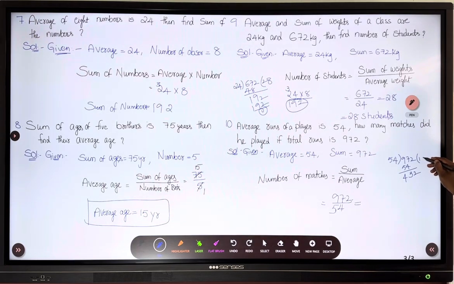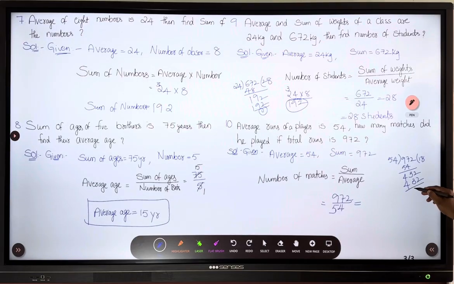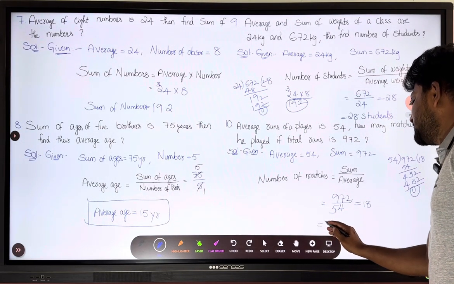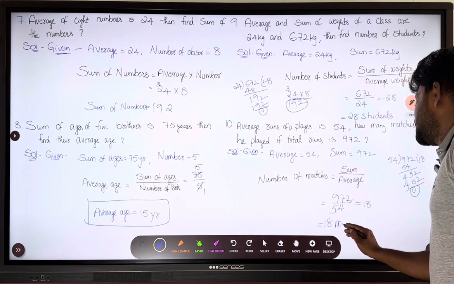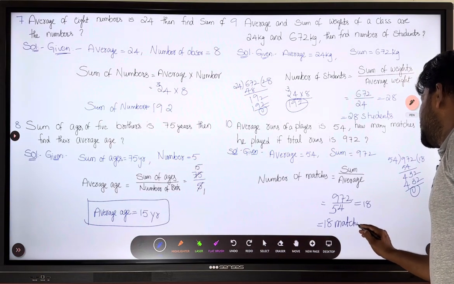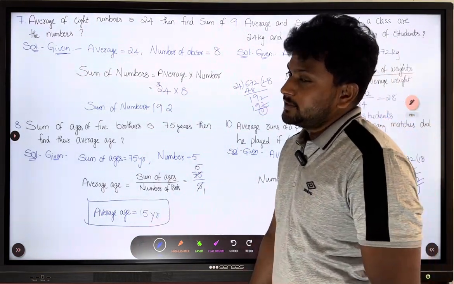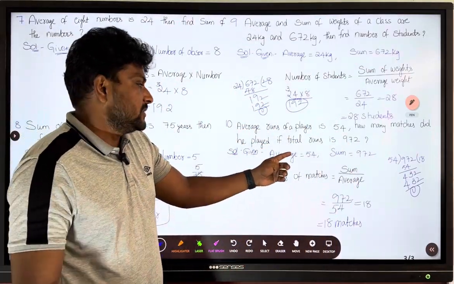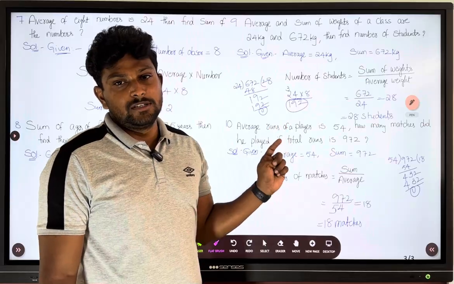So 8 are 432. So we get 18 matches. So 18 is the answer. So he played 18 matches. In 18 matches he scored 972 runs by the average of 54 runs per match.